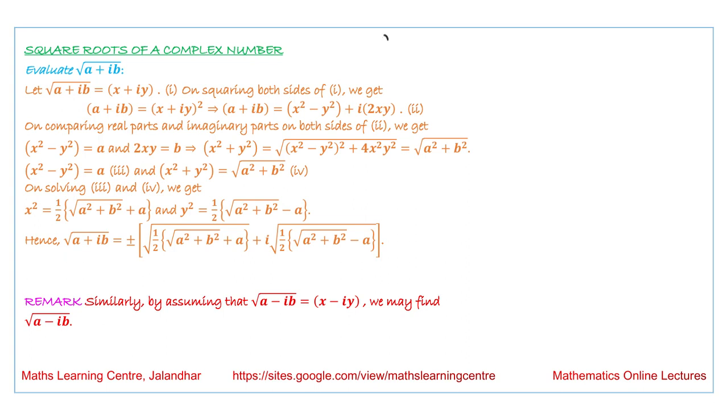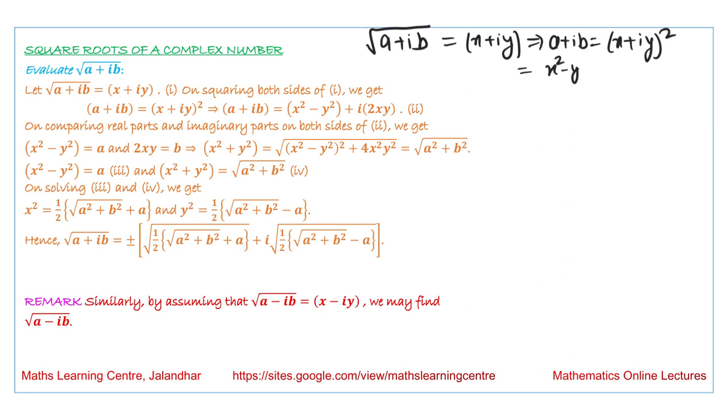So if the number is of the form a + iota b, suppose its square root is equal to x + iota y. This implies that a + iota b is equal to (x + iota y)², which is x² − y² + iota times 2xy.